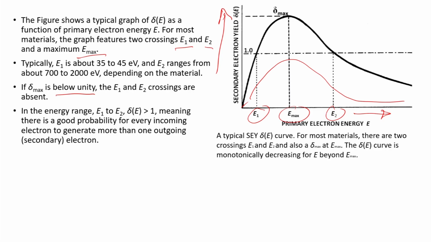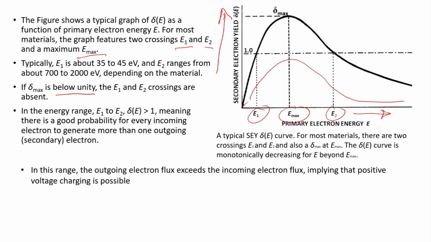Of course, this is always a probability. In the range E1 to E2 it is more than 1. If I consider this range, then the outgoing electron flux exceeds the incoming electron flux, implying that positive charging is possible.